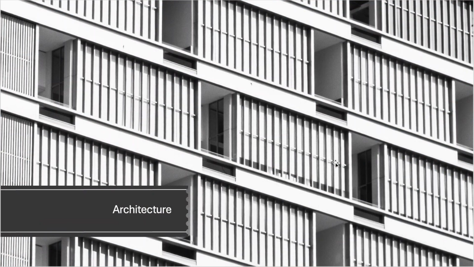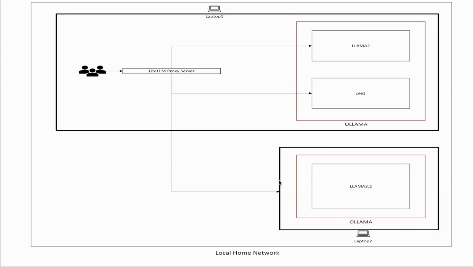How does our local architecture look? You can see our local home network. I have two laptops, laptop 1 and laptop 2. On laptop 1, I have installed the proxy server. I have used the LiteLLM proxy server. On that laptop 1, I'm running Llama 2 and Phi 3 models.